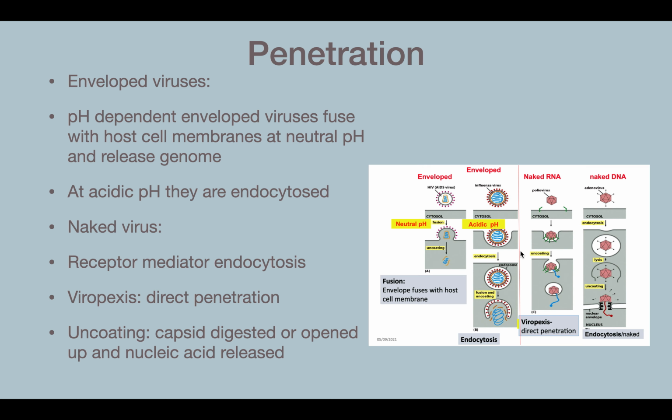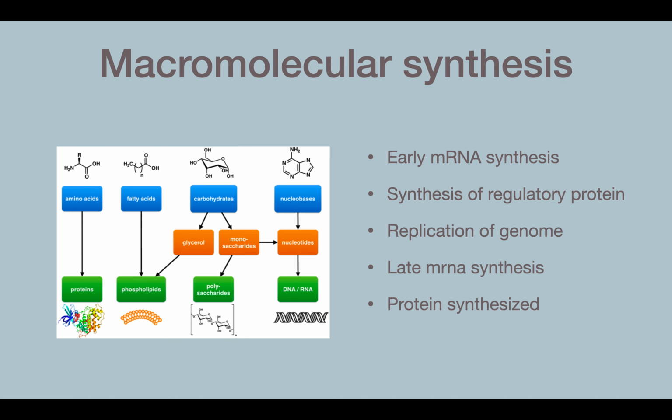The naked viruses will go through receptor-mediated endocytosis, and the viral pexins are going to directly inject themselves into the cell. And then the capsid is going to be digested or opened, and then the nucleic acid is going to be released. So here's the viral pexin, the endocytosis of the naked cell.